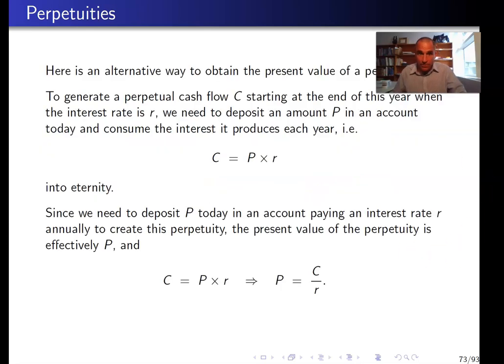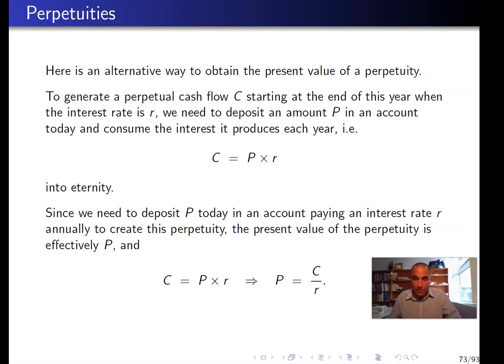There's another way to derive the value of a perpetuity. If I want to create a perpetuity, I have to deposit money in an account and only consume the interest of the account from now on. So the payment C would be generated by an interest rate applied on an amount of money that would stay in the account forever.